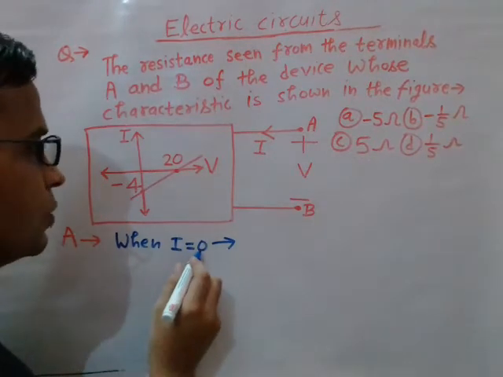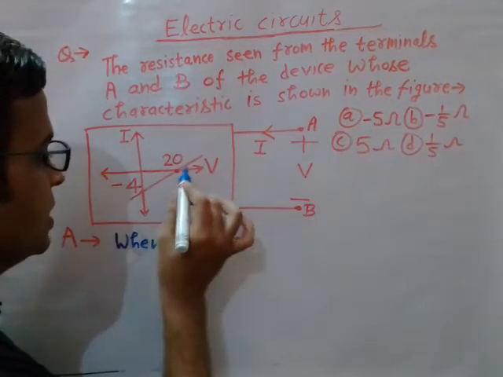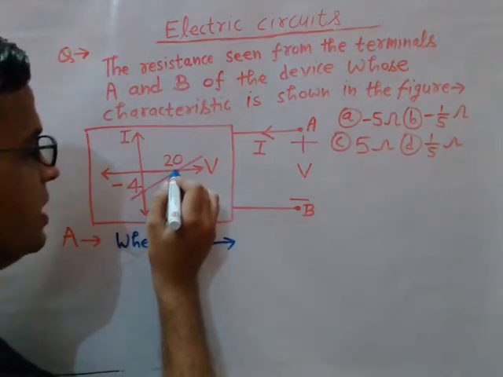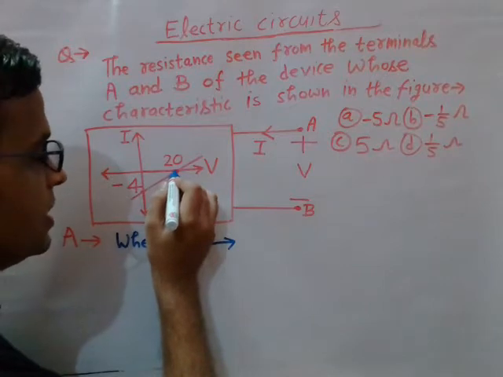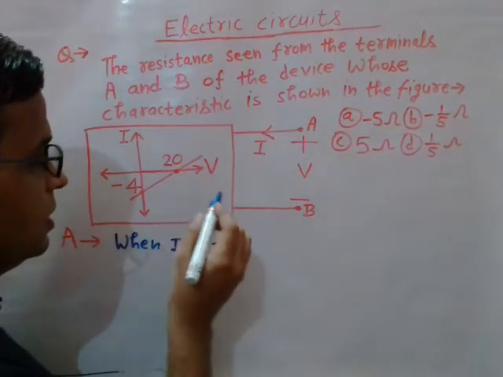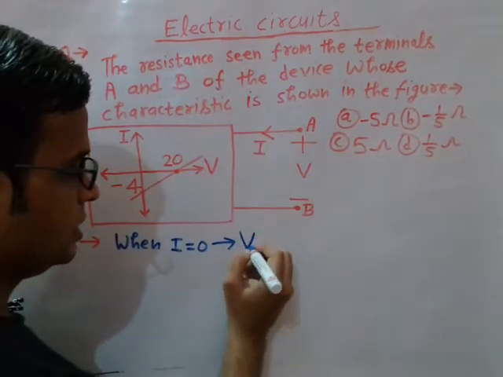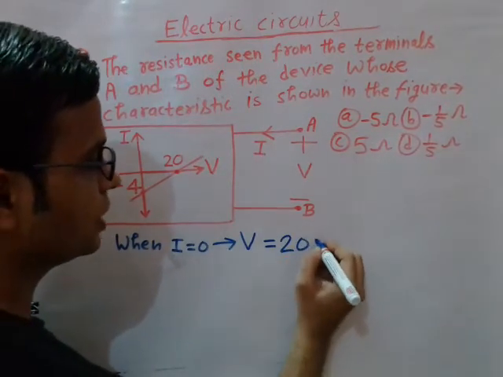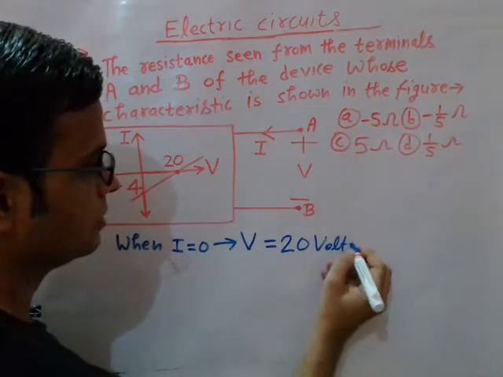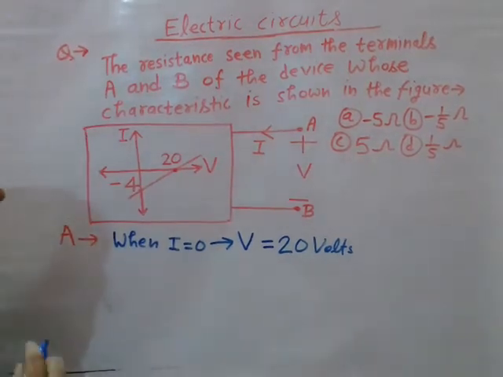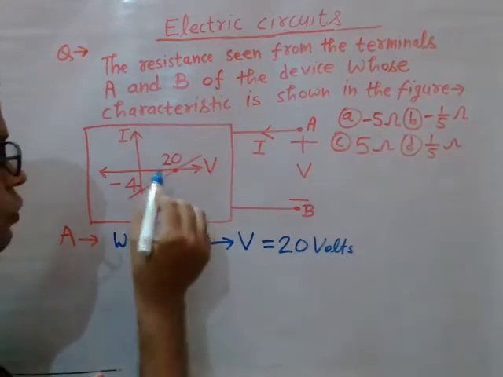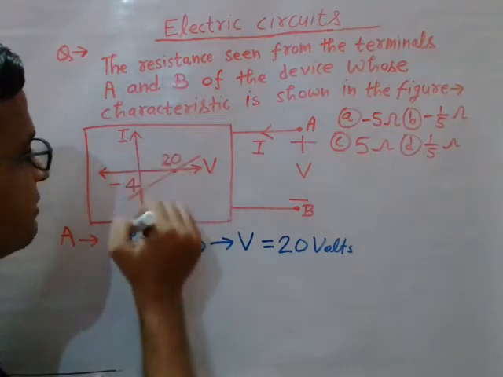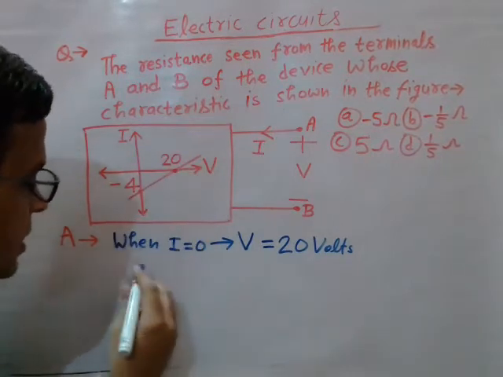So when current is zero, that means it is the horizontal axis, and this characteristic is cutting this horizontal axis at this point, right? That is 20 volts. So at this point the voltage is 20 volts, right? Voltage is given in volts and current is given in amperes.